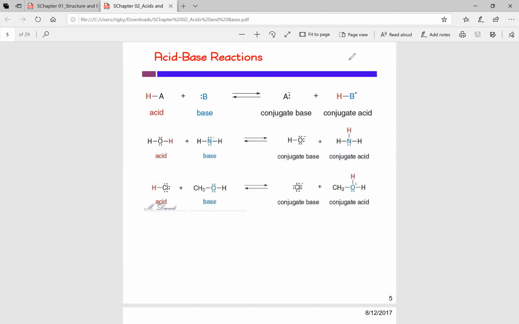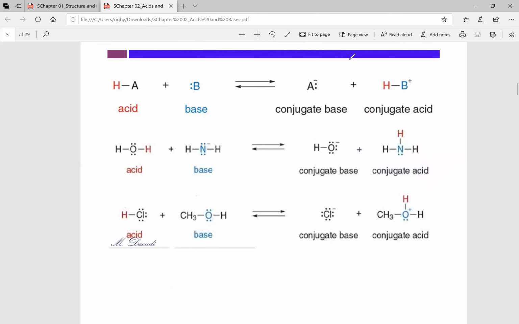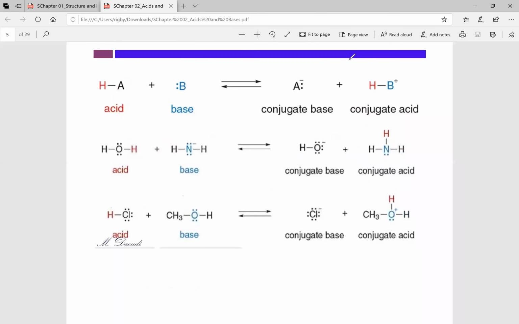So the general mechanism of an acid-base reaction, we can see here, is that the acid gets rid of its HA bond. So it gets rid of this bond right here. So that bond breaks, and then we can see that an HB bond is created. To do this, we can represent the movement of electrons through arrows.